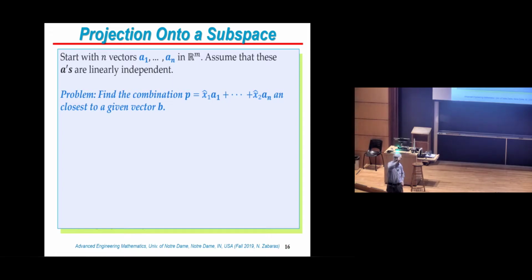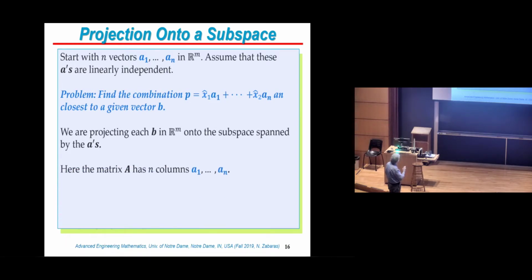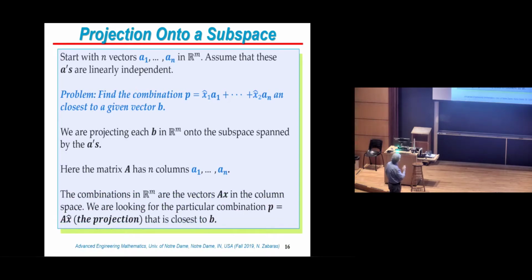Before, with the line, we took the orthogonal projection. Here we will also take the orthogonal projection. All right, that's the nearest point on that subspace. So we will take the nearest point on the subspace, and I can see only the equation.